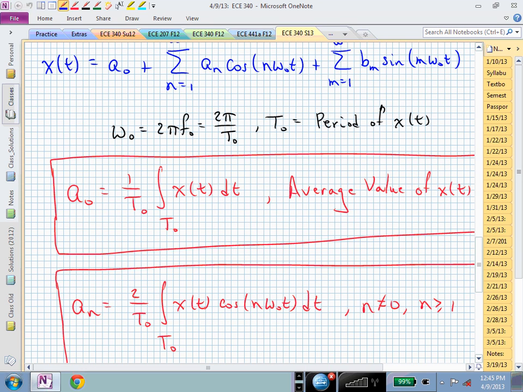Yes? Now the question was, where is the fifth harmonic? So I'm thinking Waldo. Where's Waldo? If you know omega naught, what's the fifth harmonic? 5 times that.